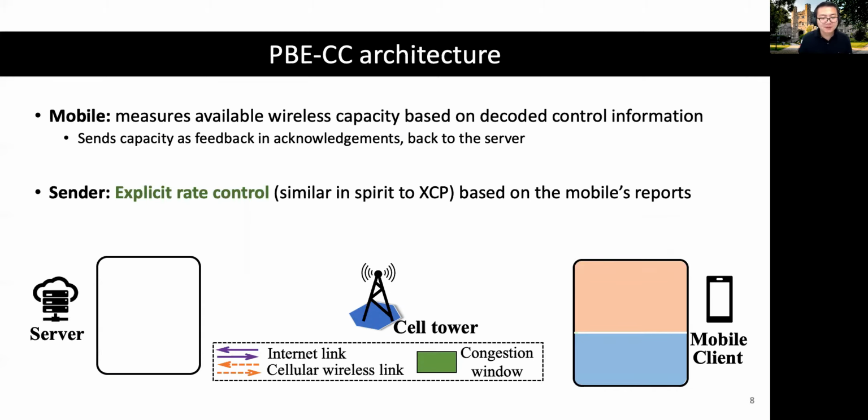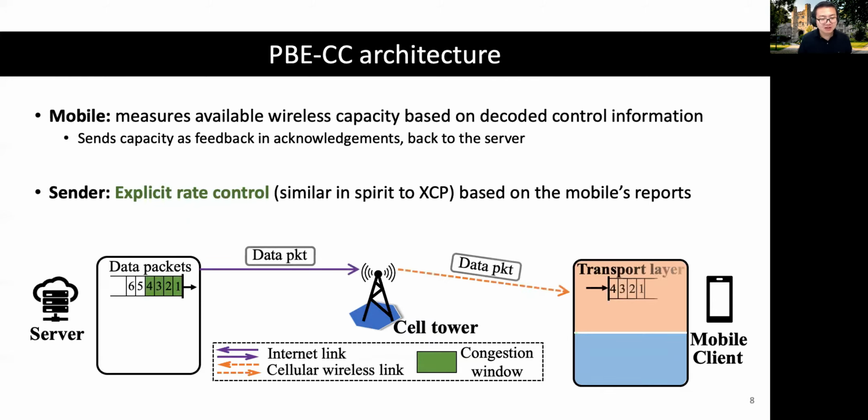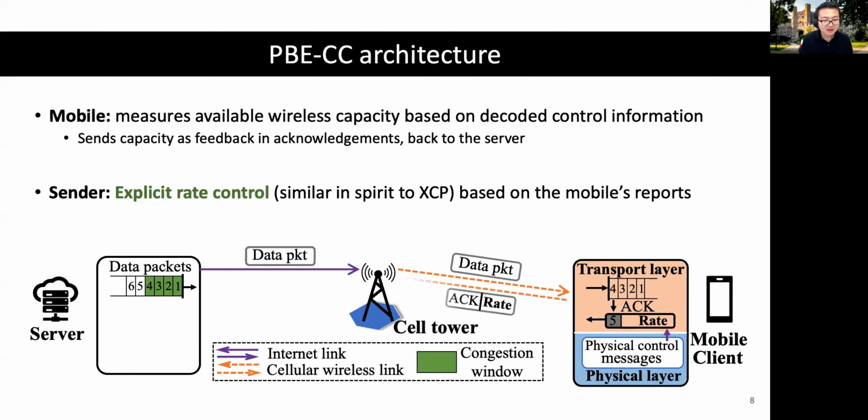The architecture of PBE is presented in this figure. The server sends data packets to the mobile client, and the mobile client estimates the cellular link capacity and feeds it back to the server. The server extracts the feedback and matches its sending rate to the estimated cellular link capacity.